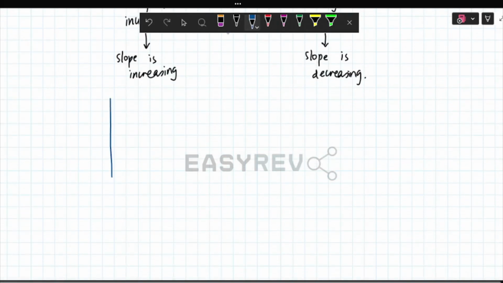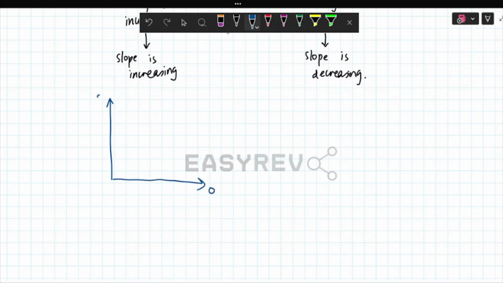For a displacement time graph representing acceleration, the curve should be such that, oh my bad, the origin should be here, and this should be the label time. For a graph line representing acceleration on a displacement time graph, the shape itself should be a slope with increasing gradient or increasing slope, which would be something like this.